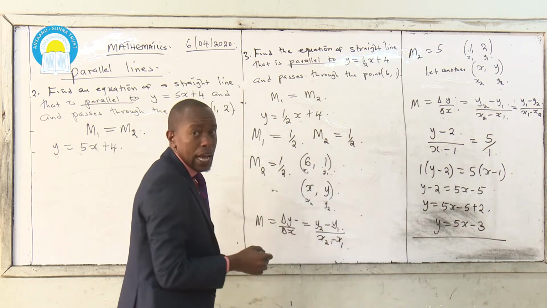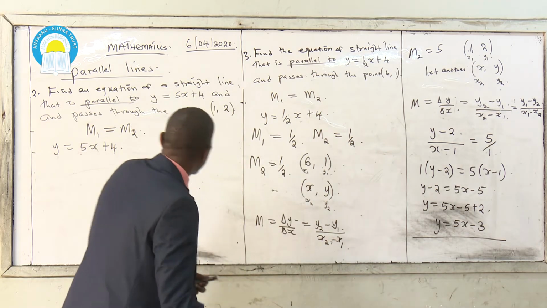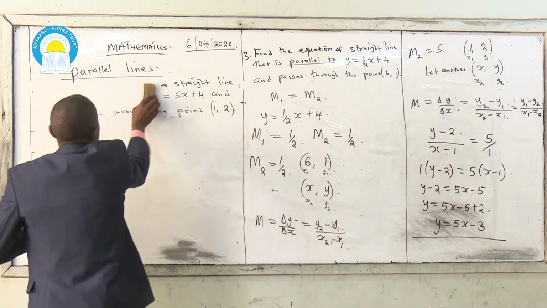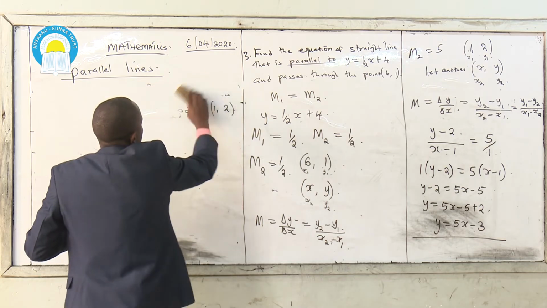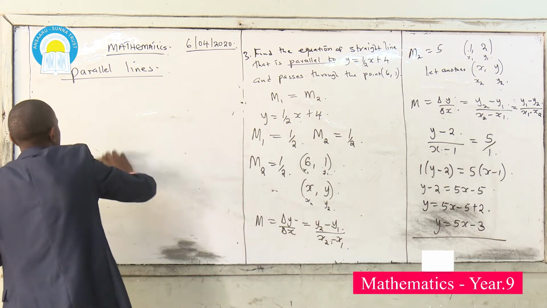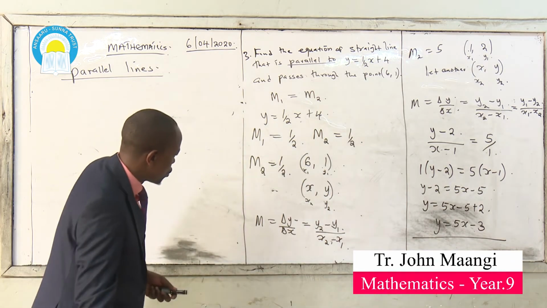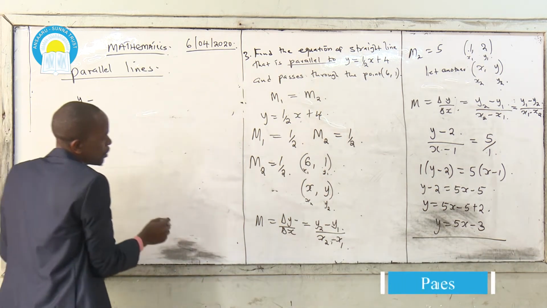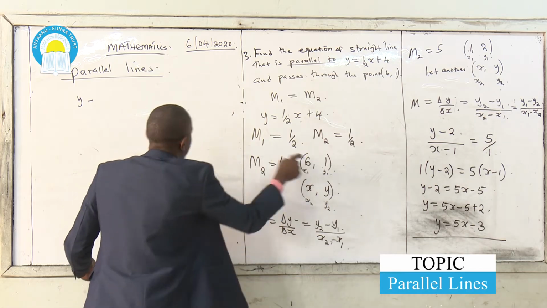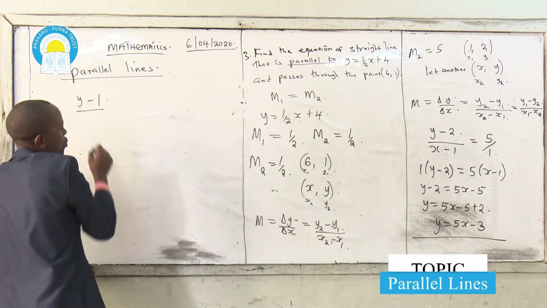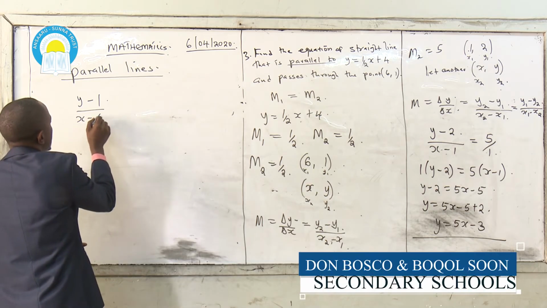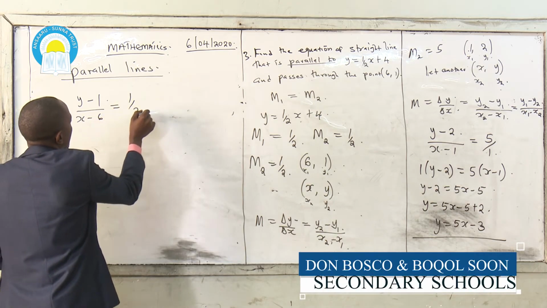Now substituting that, because you have those values there, you substitute them in the formula, then you work out. In other words, you solve. So our y2 is y minus our y1, which is 1, over x2, our x2 is x minus 6, equals a half.